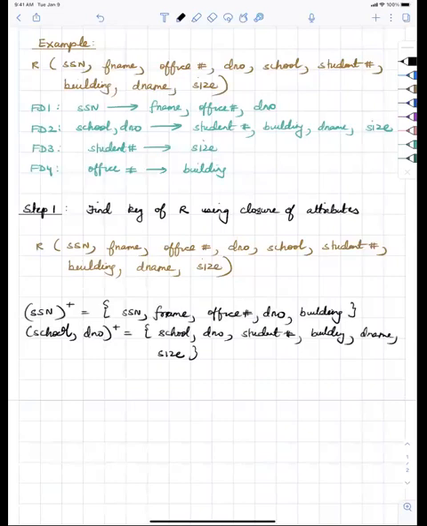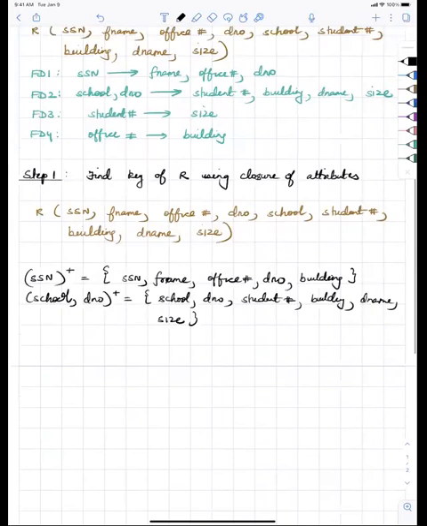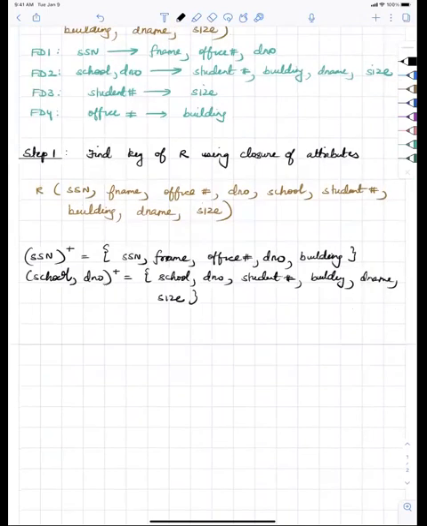So what do you think would be the key? Neither of these are the key. So there's no point looking at FD3 and FD4. You're not going to be able to generate. So can anyone jump in? What do you think would be the key? SSN and school? Yes, SSN and school would give you the key, because SSN generates D number.